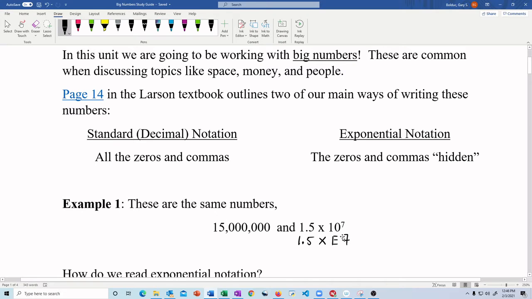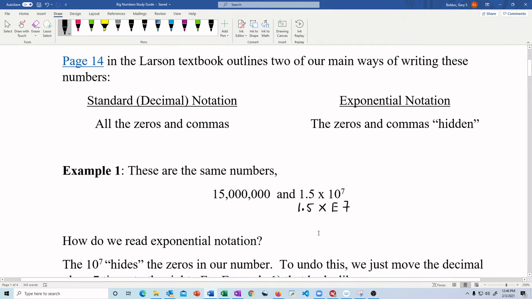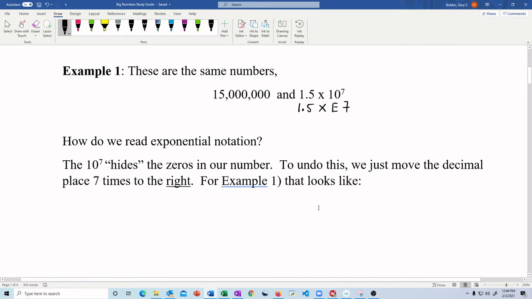Okay. So, we've got this notation that I'm claiming is really good. So how do I use it? Well, this exponential notation, again, the 10 to the 7th hides the zeros and the commas, and how we undo this is we just look at that like it's directions. So when I see 10 to the 7th, my brain goes, okay, it's telling me to do something.